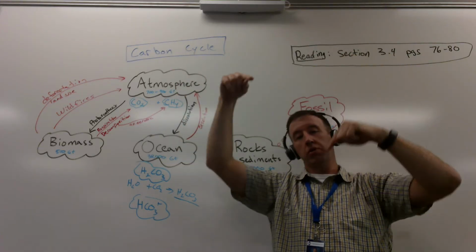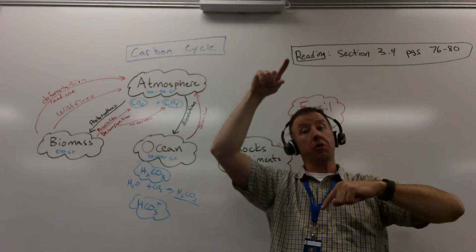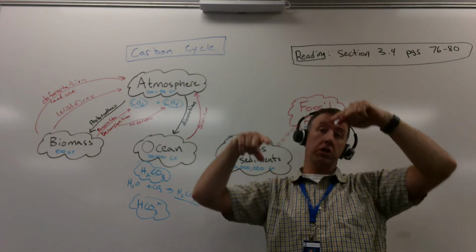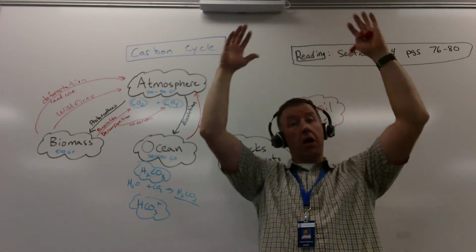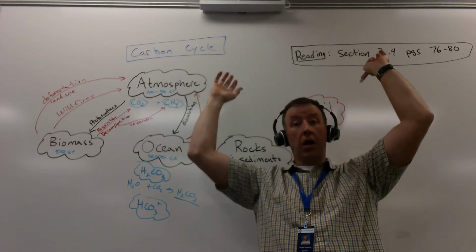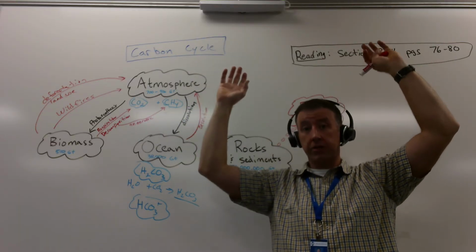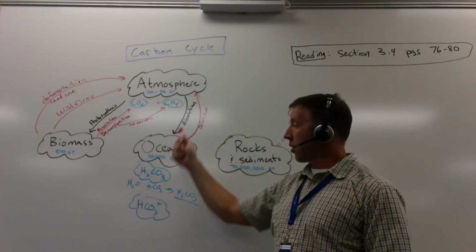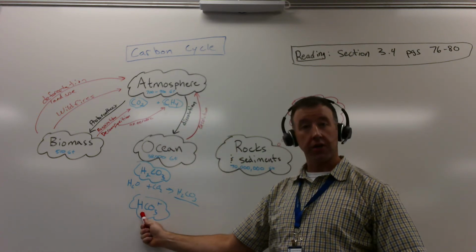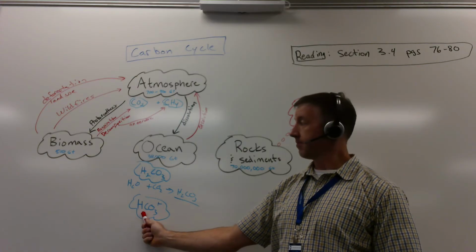So there's a dynamic equilibrium going on, depending on the temperature of the ocean and how much CO2 is in the air versus how much dissolves versus how much exsolves. When we dissolve CO2 into water, we produce carbonic acid and sometimes the bicarbonate ion.